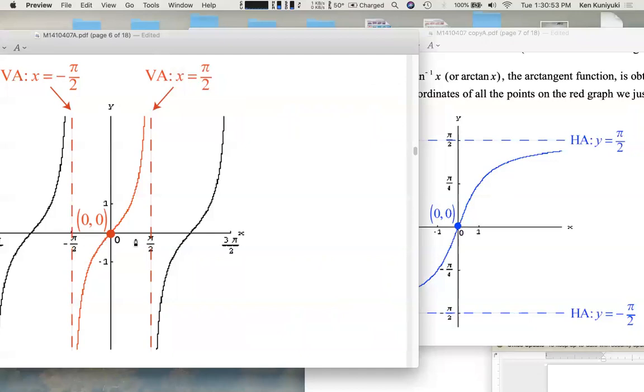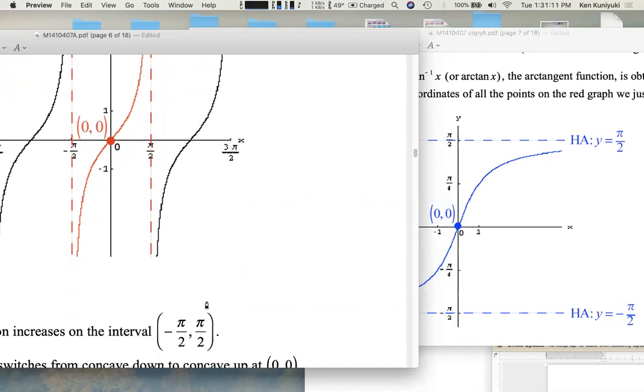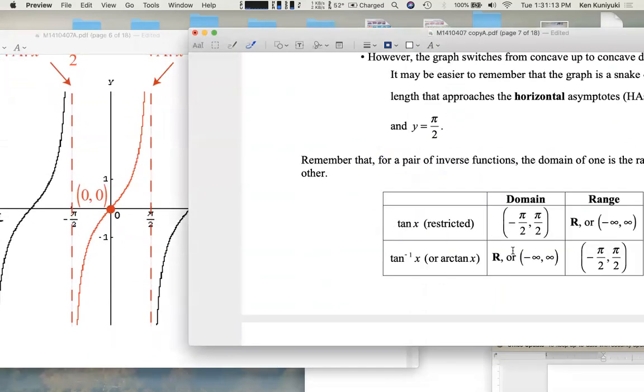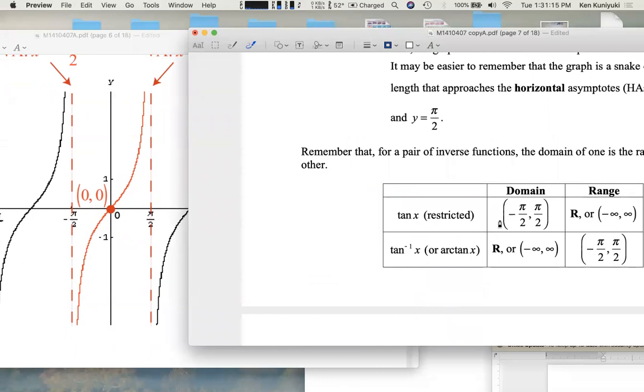Again, the restricted domain here, you see, is the open interval from -pi/2 to pi/2. The range, the y-coordinates we pick up, all real numbers. So again, the domain is the open interval from -pi/2 to pi/2.